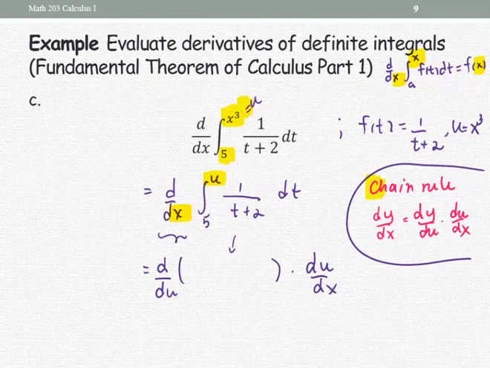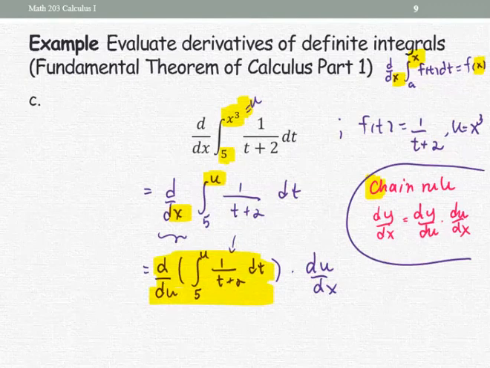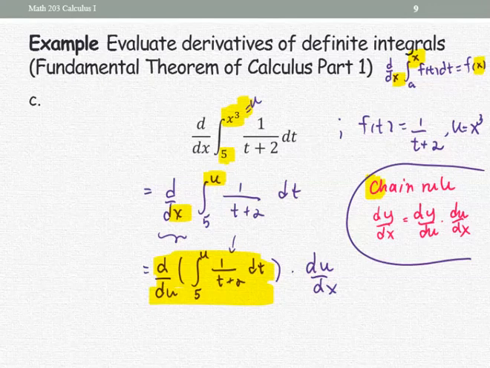So now fill in the quantity here as a definite integral from 5 to u of 1 over t plus 2 with respect to t. The first part matches with the fundamental theorem of calculus part 1 because the lower limit is a number, the upper limit is the variable u, which is the same as the du for the derivative operator here. It's good to go.